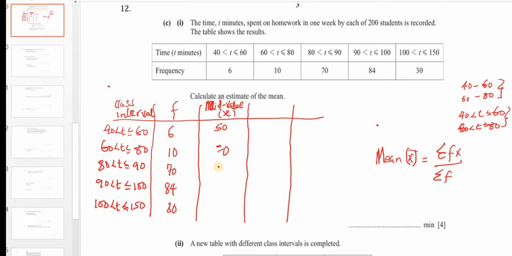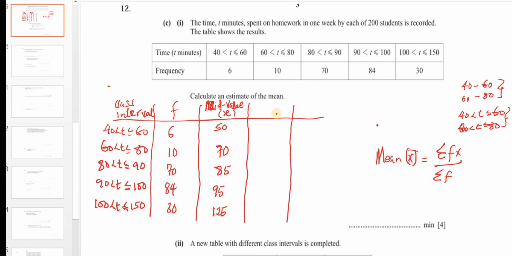Then 80 plus 90 divided by 2, sorry, this one is 85. 90 plus 100 divided by 2, that's 95. Then 100 plus 150 divided by 2, that's 250 divided by 2, that's 125.